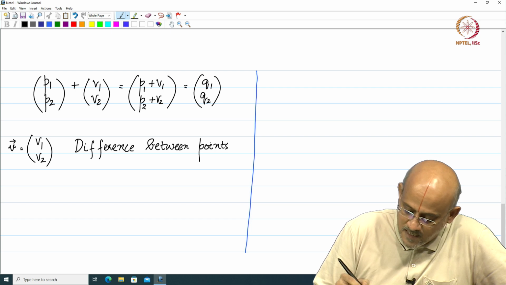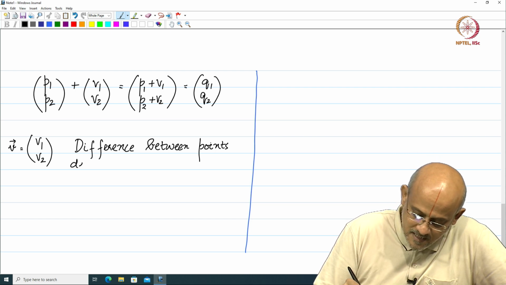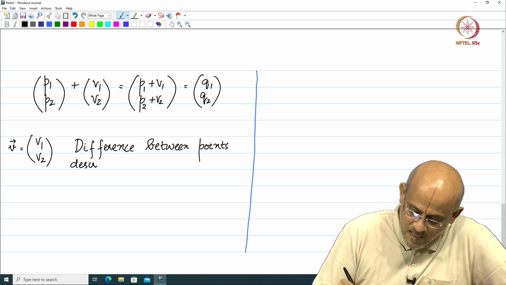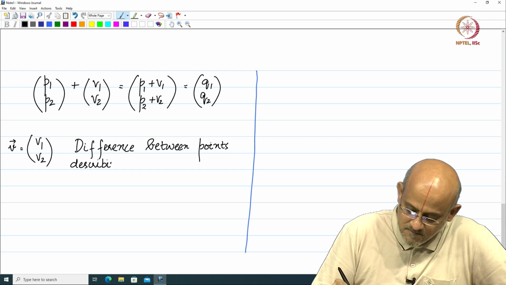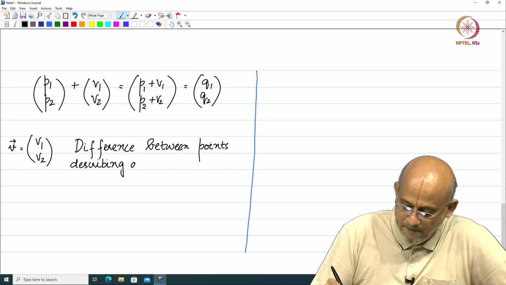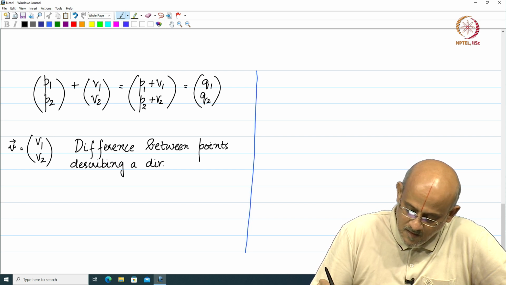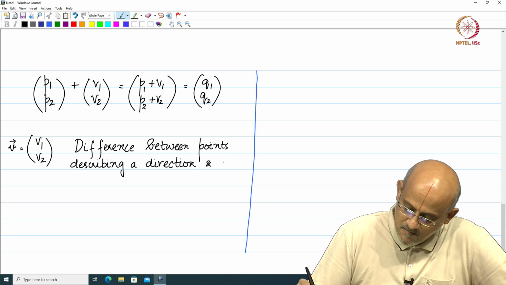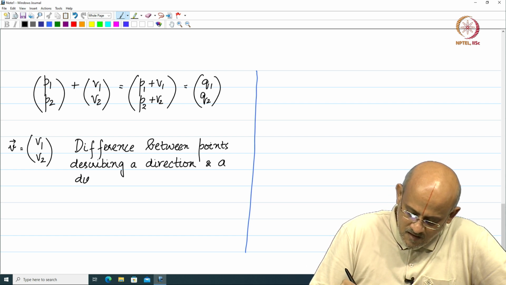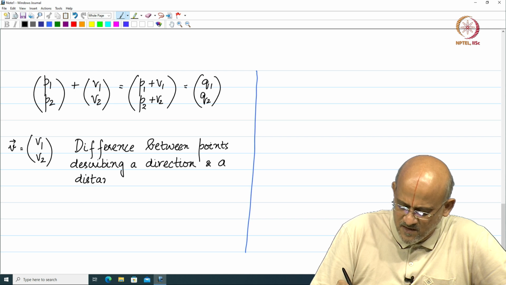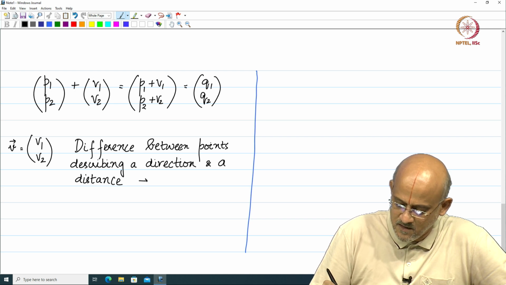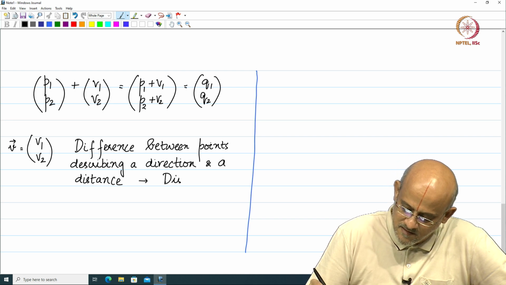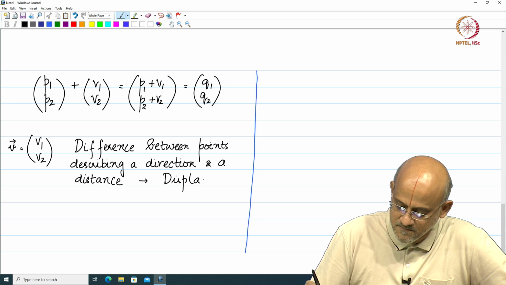So we are going to say that it describes a direction and a distance, which together we say is some kind of displacement, right.